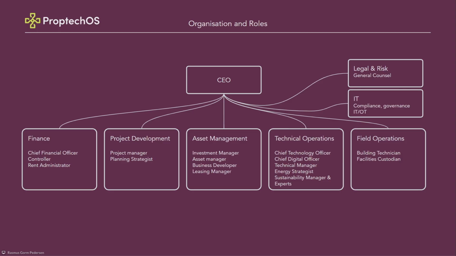We have not looked into who has which responsibility, how much is insourced or outsourced, and that stuff. But we looked into some of the stakeholders you need to involve when you work with these technologies: the legal and risk department, and of course IT with data governance, data compliance, and IT/OT.